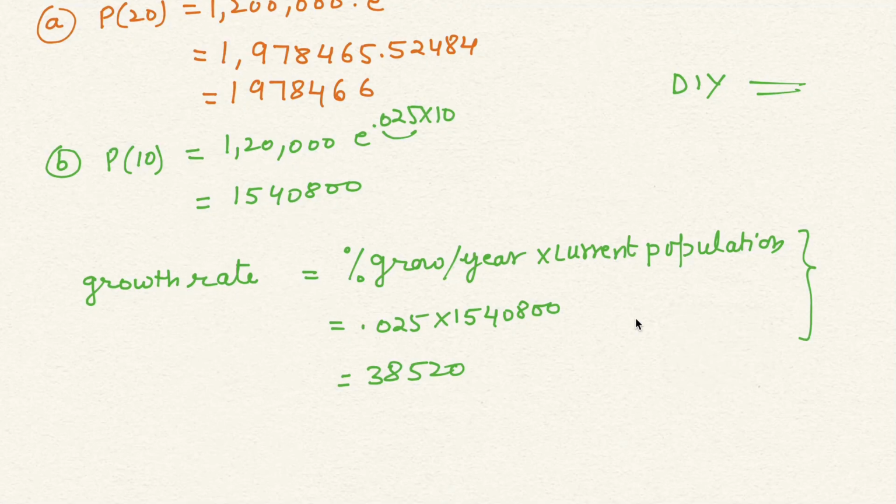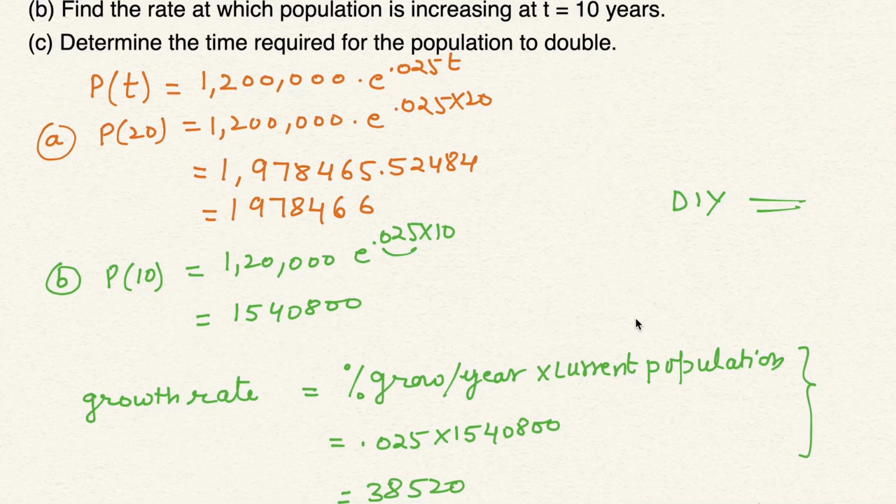Okay, third part is determine the time required for the population to double. Now, it seems to be an easy question. Yes, it is, if you just do it by writing each and every step. But what I want is, can you come to this step directly without writing anything?